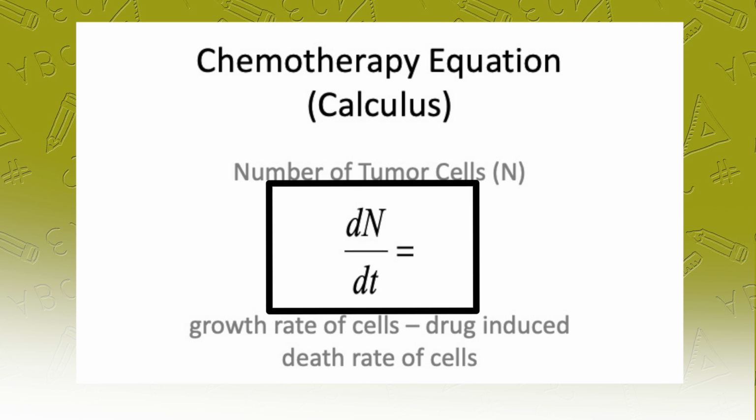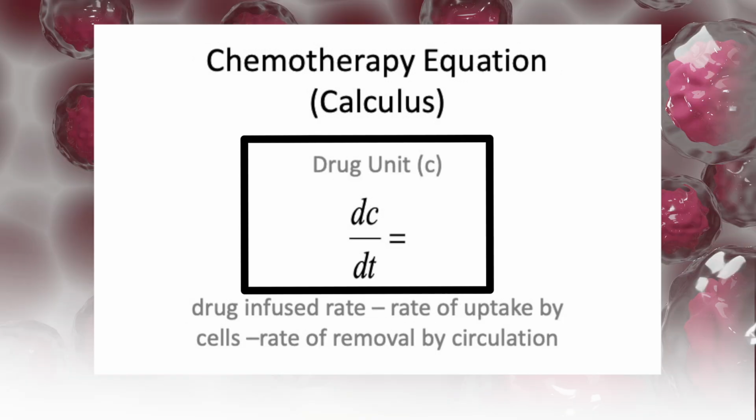Chemotherapy equation, again drug unit. Drug unit is feasible, drug unit is effective. How do we define that the drug is perfect or appropriate for curing the cancer, or that the chemotherapy process is effective?